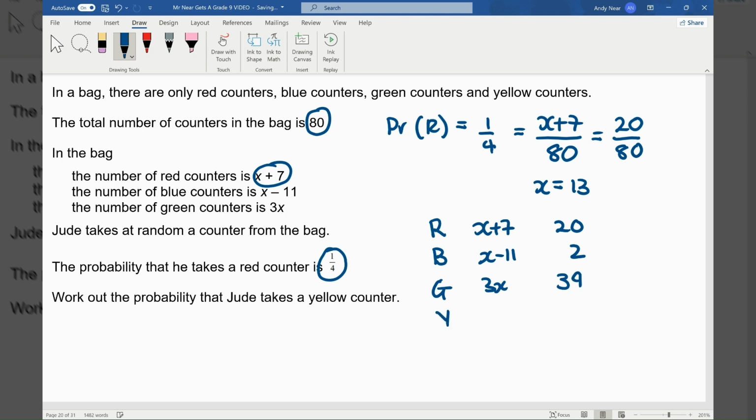The number of yellow counters will be what is needed to complete the full bag of 80. And 80, take away 39, take away 20, take away 2 is equal to 19. And so the number of yellow counters is 19, and the probability that you pick a yellow counter is 19 out of 80. 19 is a prime number, it won't simplify.